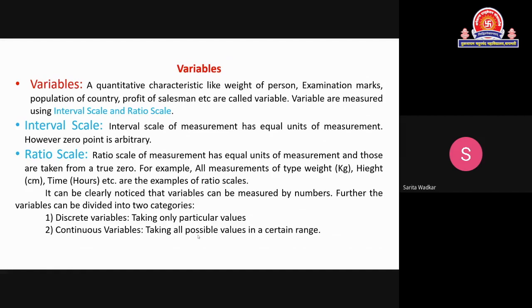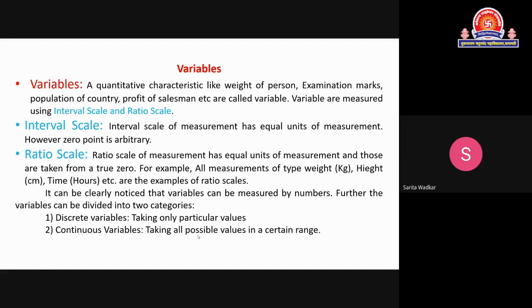So here we are taking the result of a candidate, and when we say it is pass or fail, then it goes to attribute, and when we say it is the percentage of marks, then it goes to quantitative variable. This is the basic difference between variable and attribute.